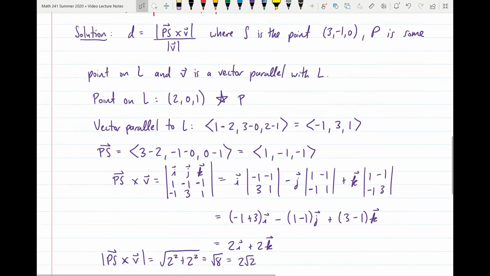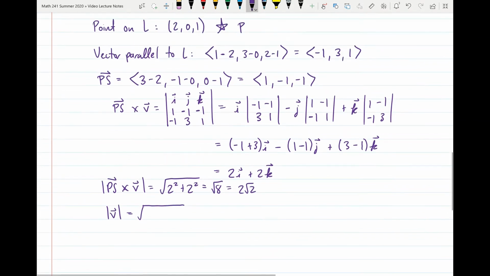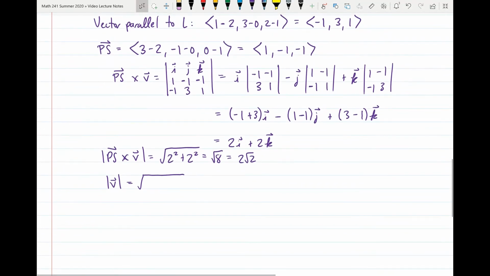And now we need the denominator, or the magnitude of V. So the magnitude of V is given by negative 1 squared plus 3 squared plus 1 squared, which ends up being the square root of 11.